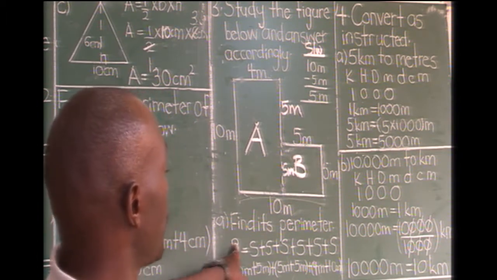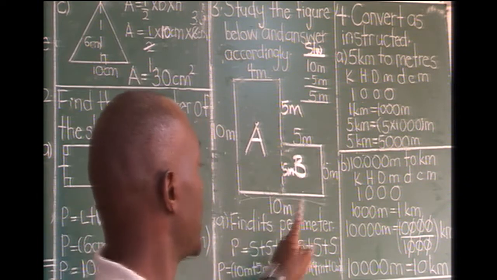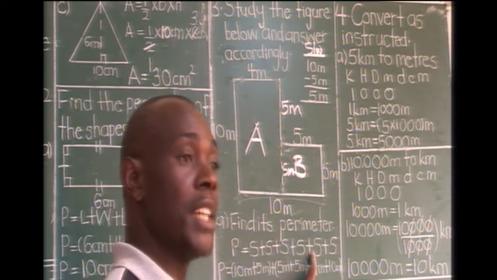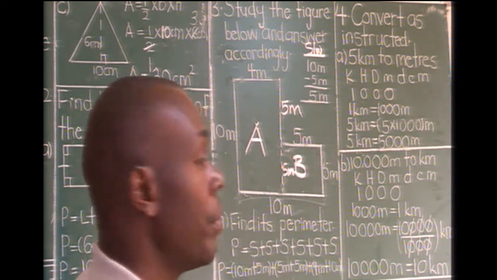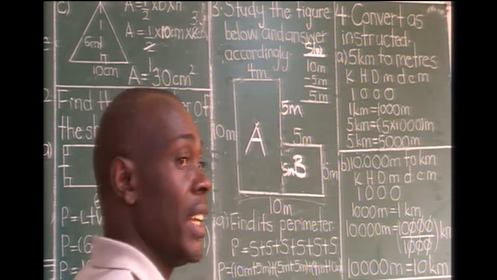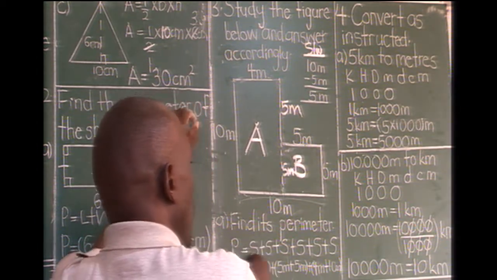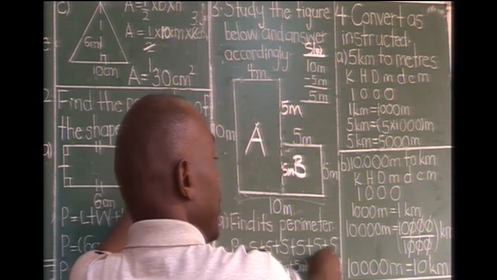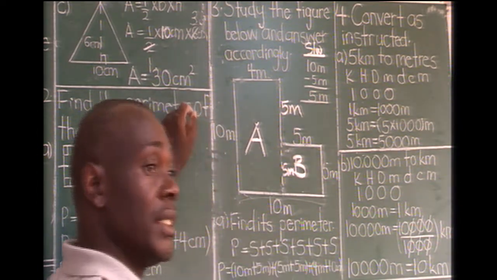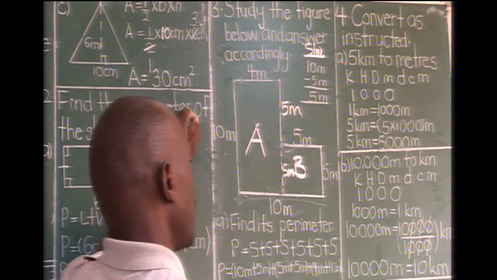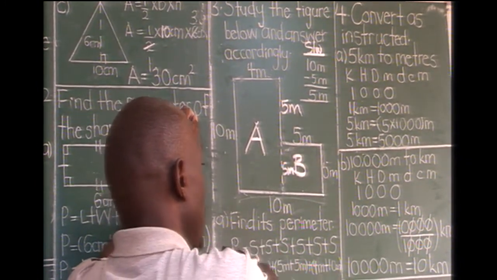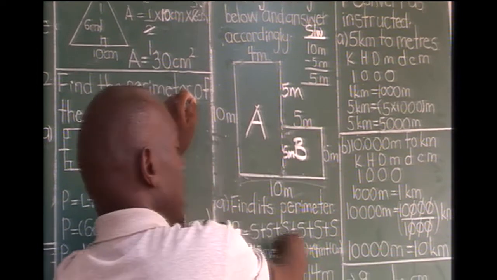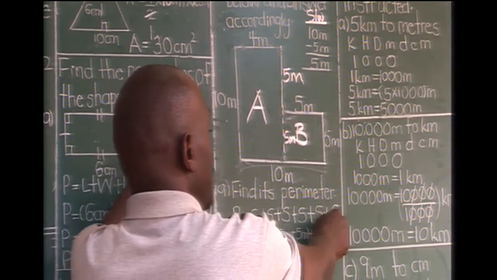You say perimeter is equal to side plus side plus side plus side plus side plus side. Ensure you don't go beyond or less than six. Count together 1, 2, 3, 4, 5, 6. Count again so that you are sure that all the sides are catered for. 1, 2, 3, 4, 5, 6.